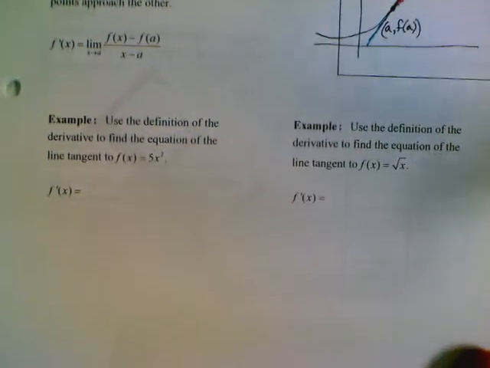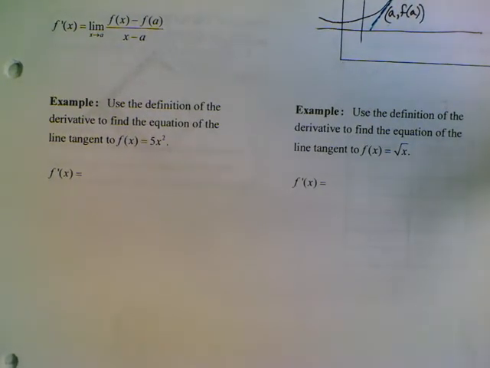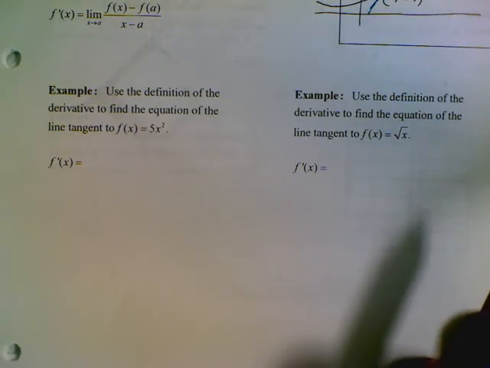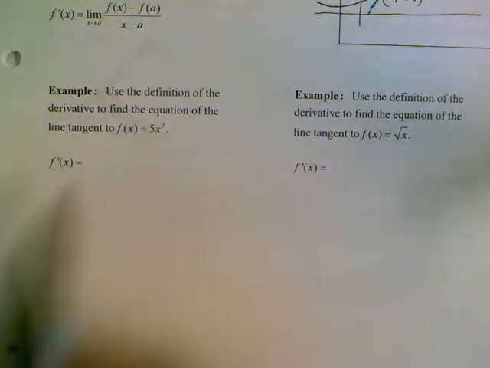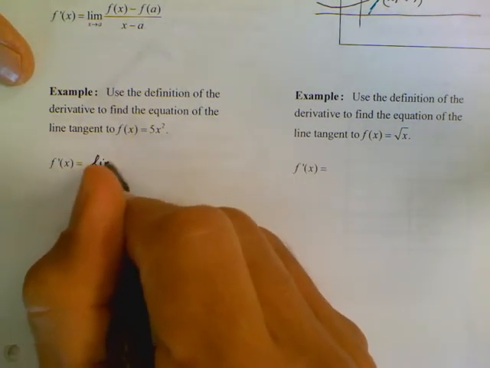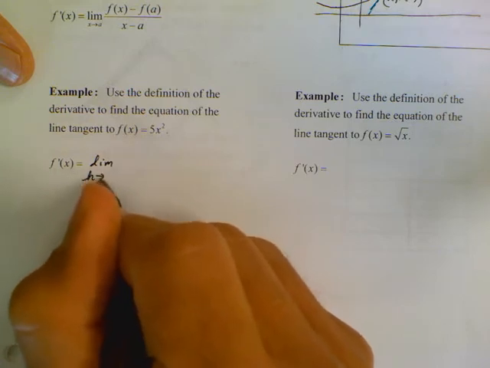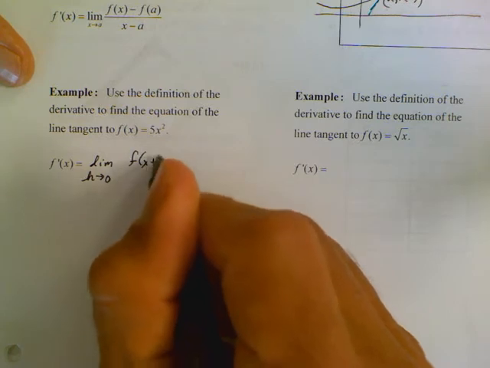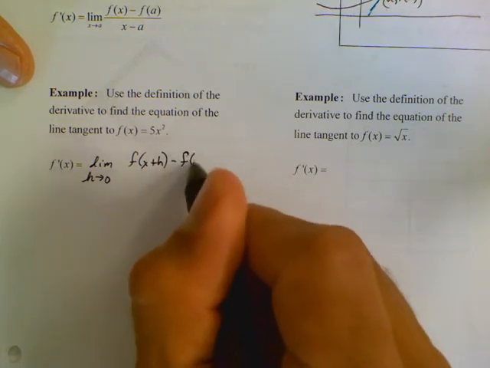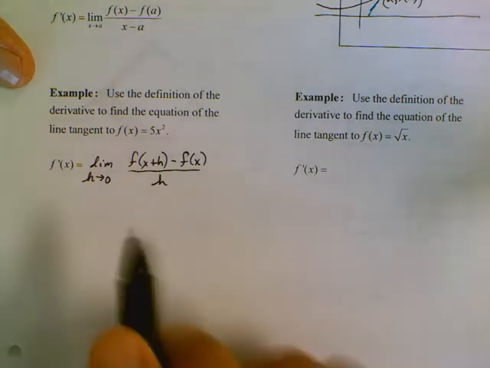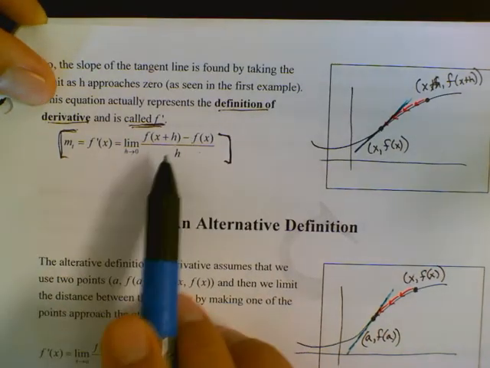So basically, on the next 2 questions, we are asked to use the definition of derivative to find the equation of the tangent line. All right, so what we're going to do is find the limit as h approaches 0 of f of x plus h minus f of x all over h. Now this is the definition that I talked about in the previous video, not in this video.